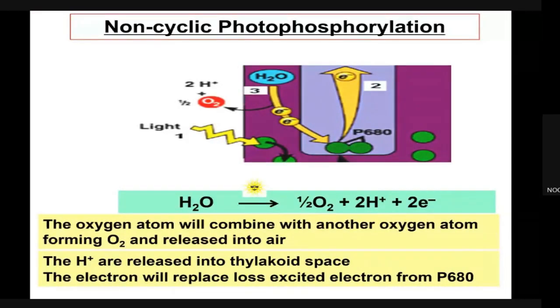From the splitting of water, the oxygen atom will combine with another oxygen and form oxygen gas and be released into the air, while the hydrogen ion, the proton, will be released into the thylakoid space. The electron will replace the lost excited electron from the P680.